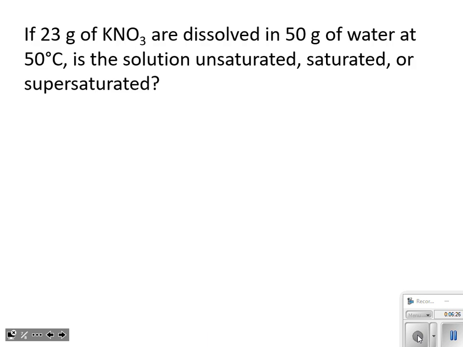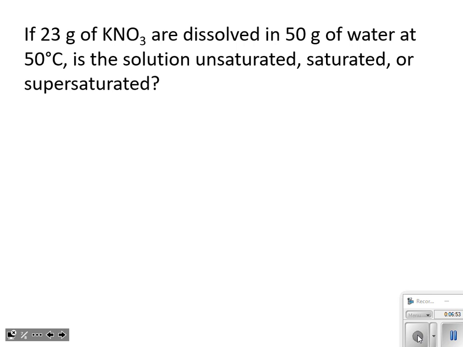Now here is the last one that I'm going to do. And it says, if I have 23 grams of KNO3, potassium nitrate, dissolved in 50 grams of water at 50 degrees Celsius, is the solution unsaturated, saturated, or supersaturated?